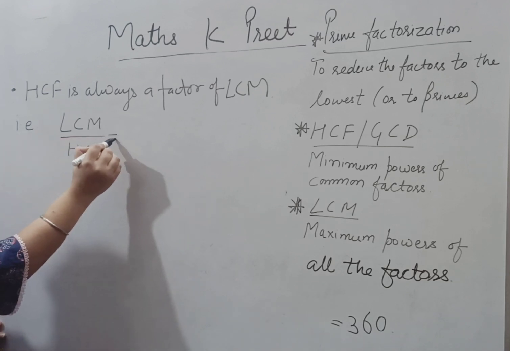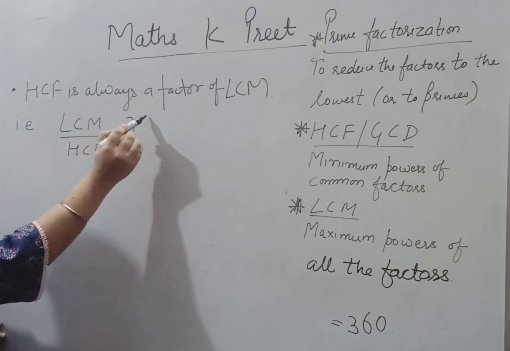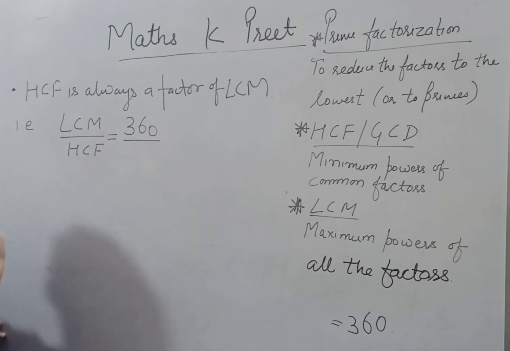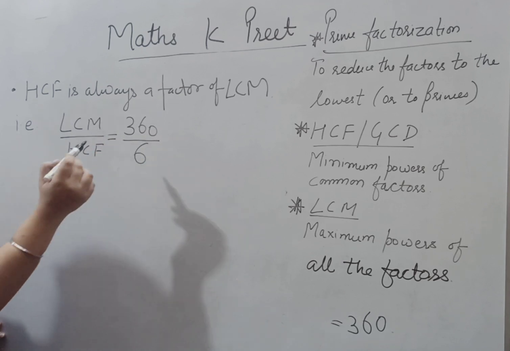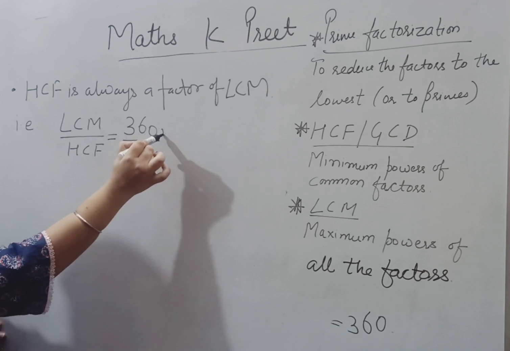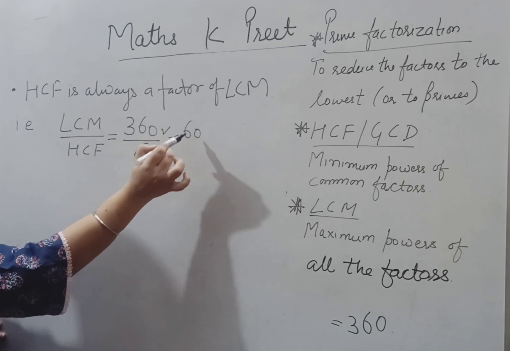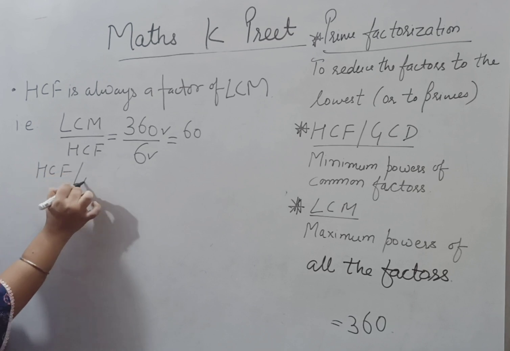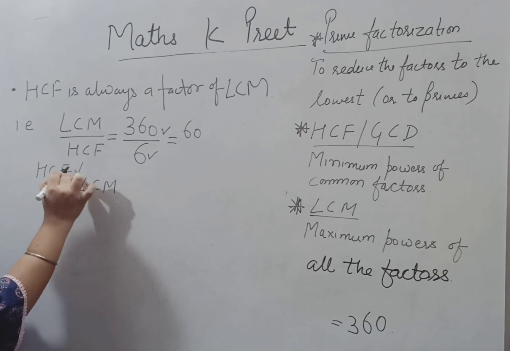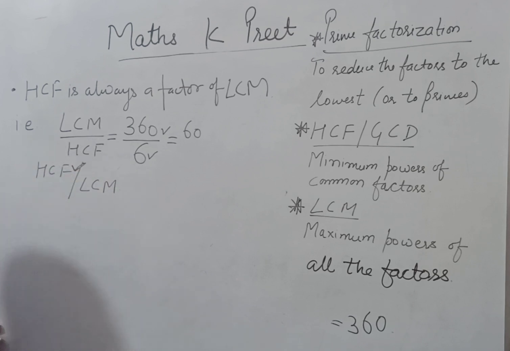In the last example, the LCM was 360 and the HCF was 6. Clearly this HCF divides 360, so HCF will divide LCM, and HCF is always a factor of LCM.